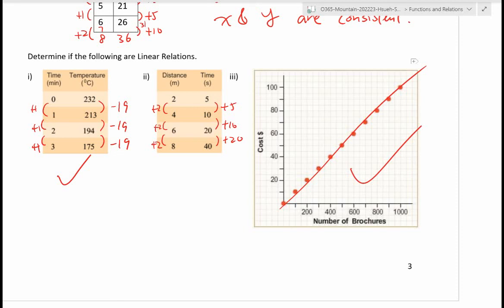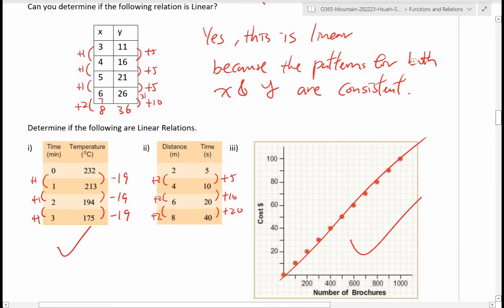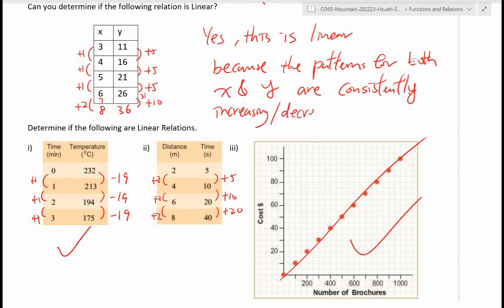Let me be clear, let me rephrase this: the pattern for both things must be consistent, both consistently increasing. This time it's both increasing, but it could also be decreasing by the same amount.